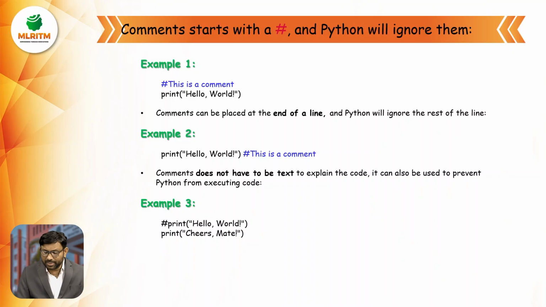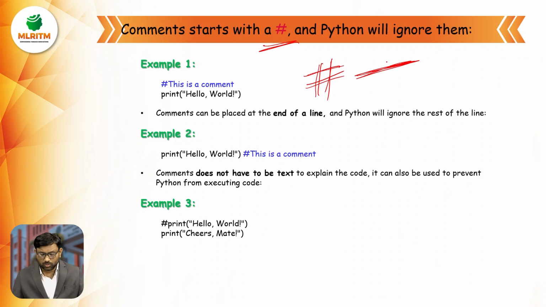Here, if you check, a comment starts with the symbol hash. After hash, if you write anything, that is nothing but a comment only. So if you consider the second example, here I have written print hello world. My statement is print hello world.